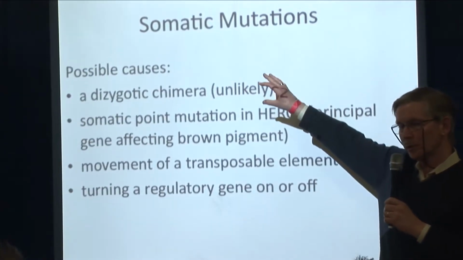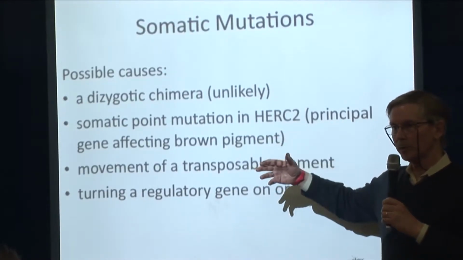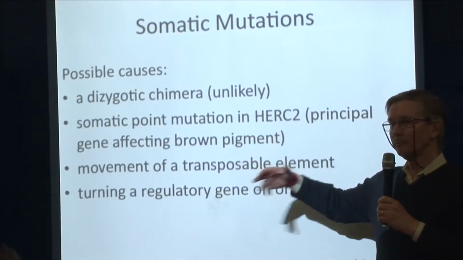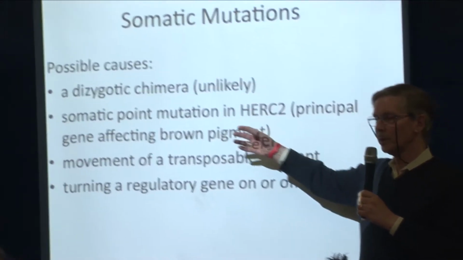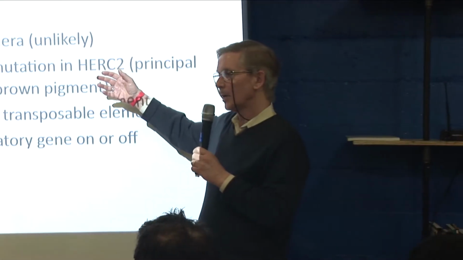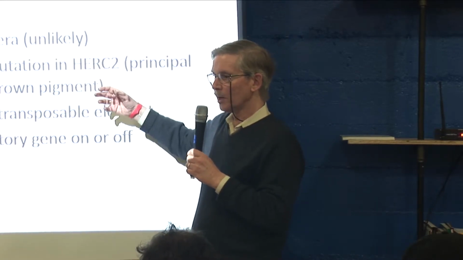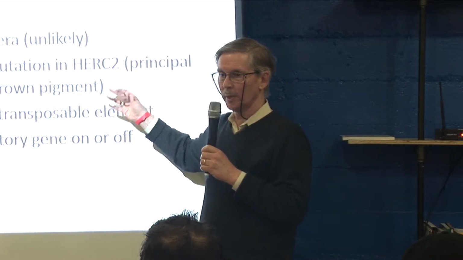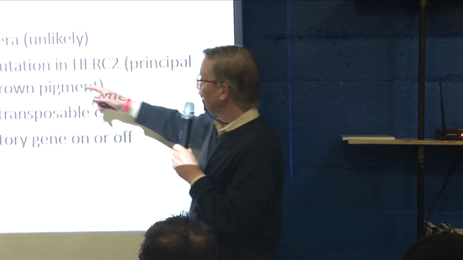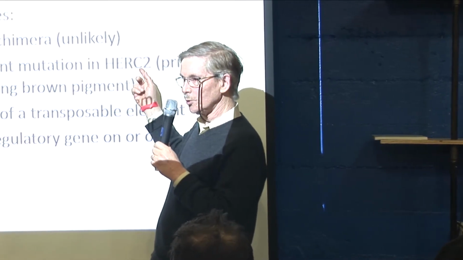Well, this is what's called a somatic mutation. It's not that you develop a mutation during the formation of germ cells. It's rather that once you have a fertilized egg and you start to develop, one of the Xerox machines breaks and you make a mistake in copying. And this can be a point mutation in, say, the HERC2 gene.